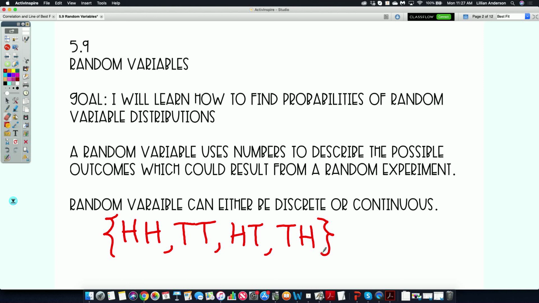Random variables can either be discrete or continuous. Have we talked about those 2 words before? What does discrete mean? It can be counted, whereas continuous is measured. The example I just gave, if I flip 2 coins, is that discrete or continuous? That's discrete.